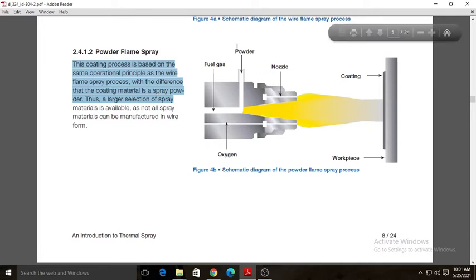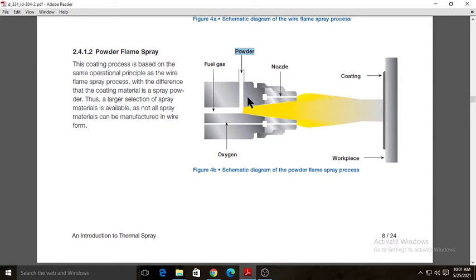So here you can see, instead of this wire feeding, we are feeding this coating material in the form of powder. The main advantage of this powder spray coating is that in the conventional wire flame spray process, more heat is required for the operation, but here as the powder is provided, the heat requirement for the operation is less.